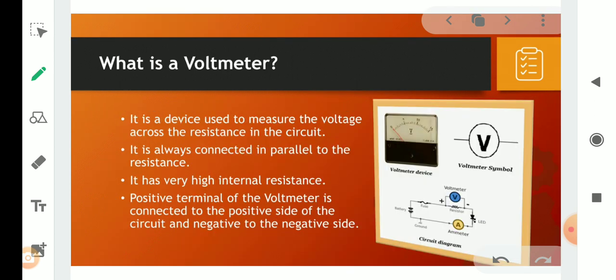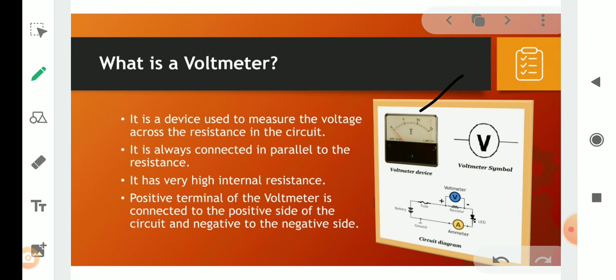To measure this potential difference, a device called a voltmeter is used. What is a voltmeter? It is a device used to measure the voltage across the resistance in the circuit. How should it be connected?